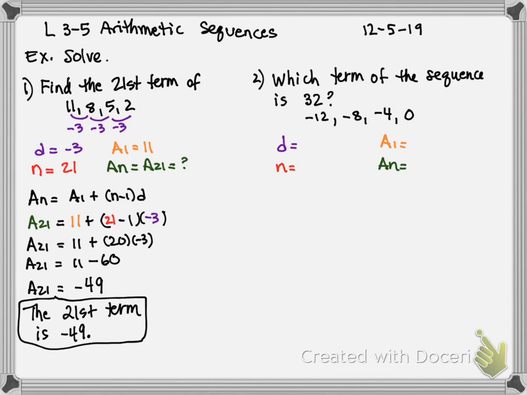Trevor. D is 4. Okay, so as we are looking here, to get from negative 12 to negative 8, we would add 4. To get from negative 8 to negative 4, we would add 4. To get from negative 4 to 0, we would add 4. Sometimes that's the easier place to look, where the numbers are smaller, there's a 0 involved, it's easy to find that.